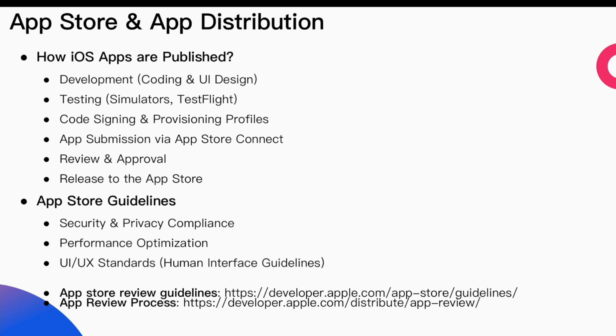We must test our app several times to make sure the app is doing as expected and is not crashing. So for that reason, proper testing of the app is very much required before publishing to the App Store. Proper code signing and provisioning profiles are also very essential to deploy the app successfully.